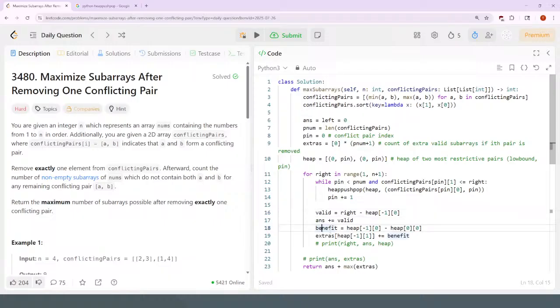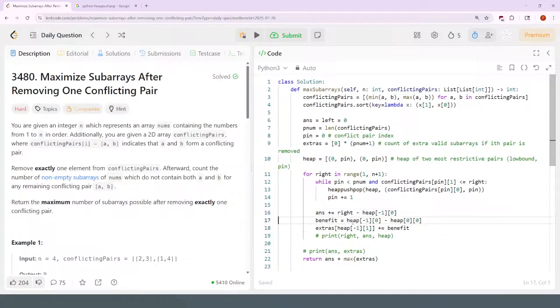I could probably just remove the benefit and valid and just be plus equals. So like the valid answer plus equals this. And the extras for this particular conflicting pair is incremented by the difference.